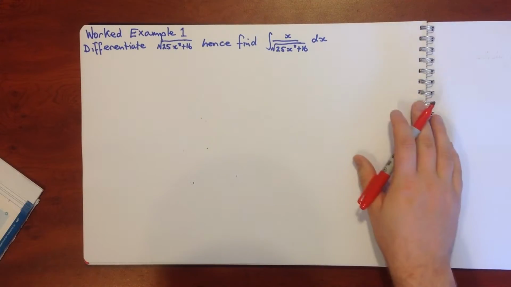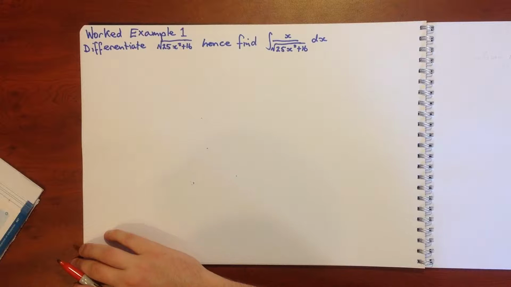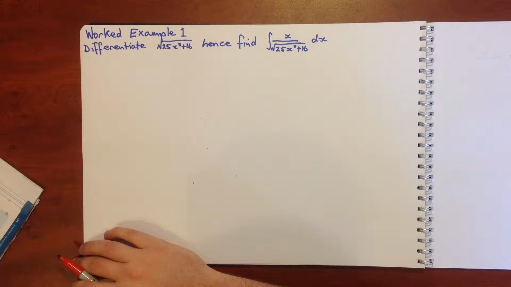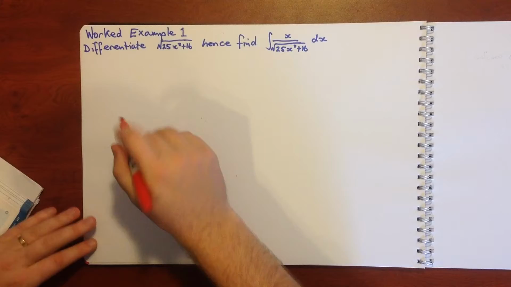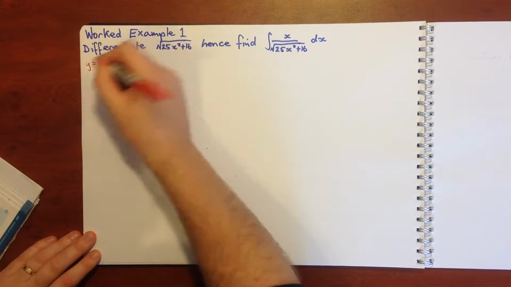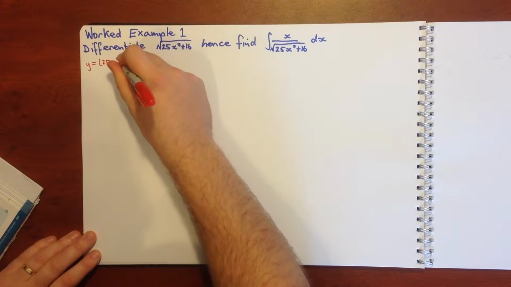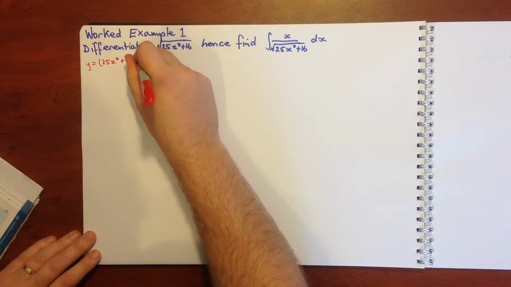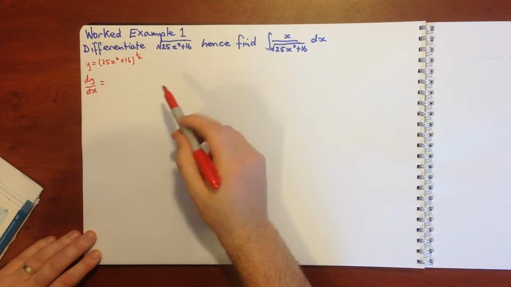Worked example 1. We need to differentiate the square root of 25x squared plus 16 and hence find the integral of x on the square root of 25x squared plus 16. So we rewrite this: y equals (25x squared plus 16) to the power of a half. We need to find dy/dx. We can use the chain rule.